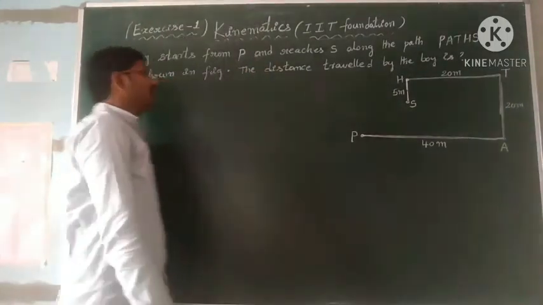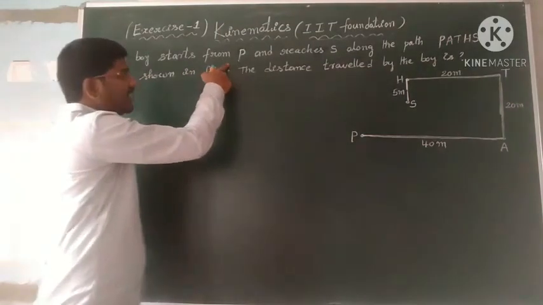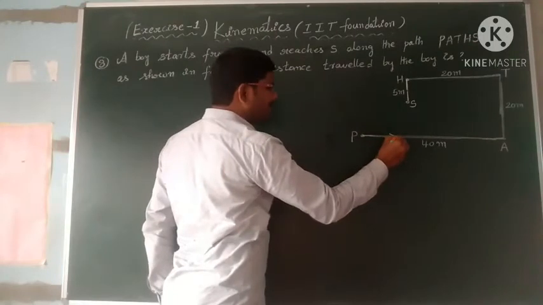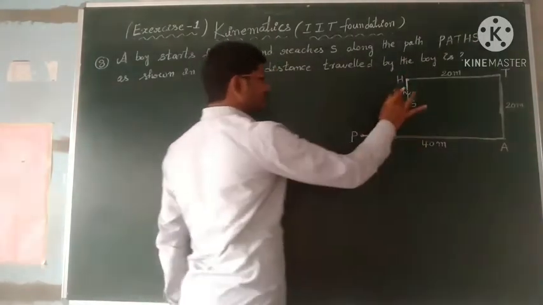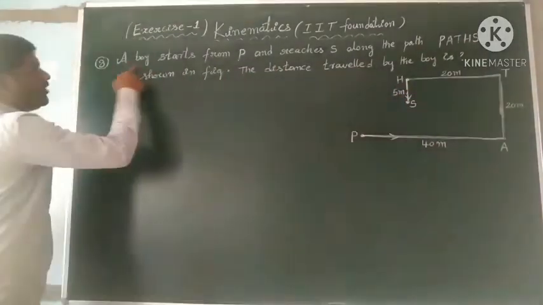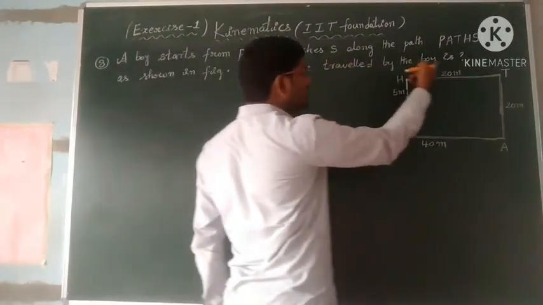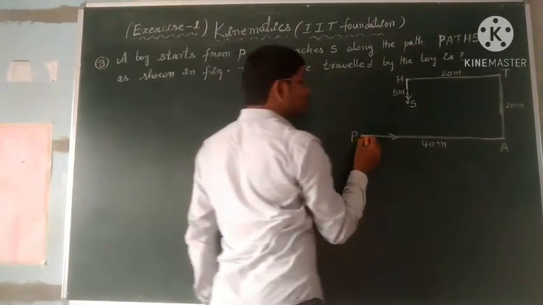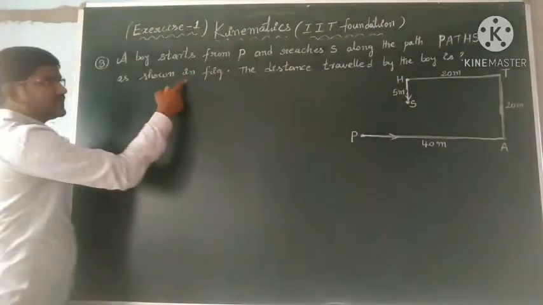Okay, students, now see, a boy starts from P and reaches S along the path shown in the diagram, as shown in the figure.